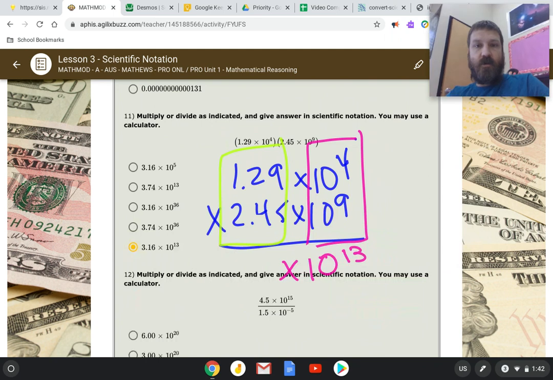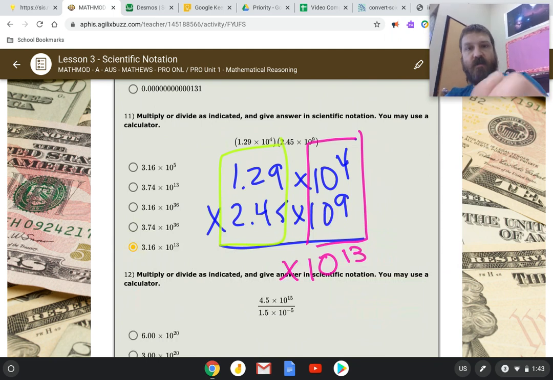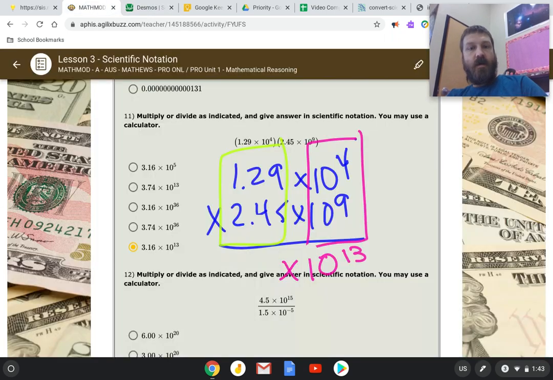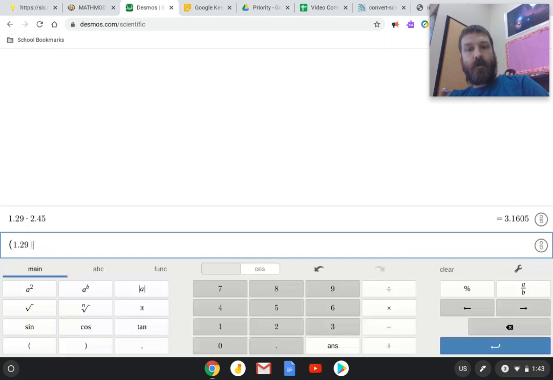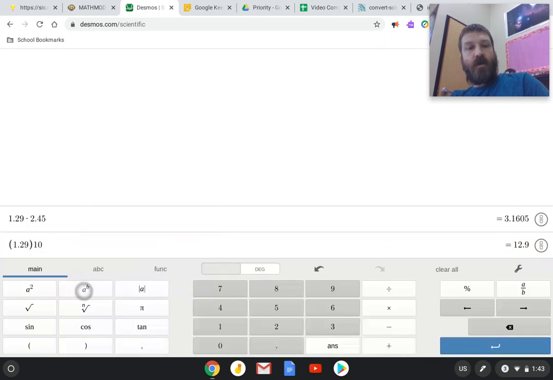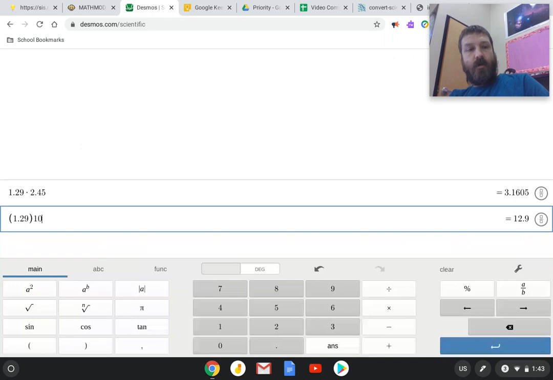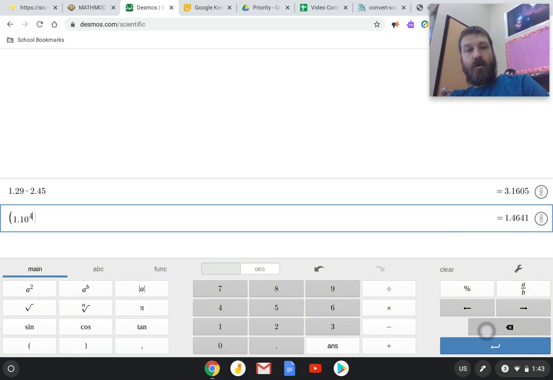The other way to do it, and I'll just show you, is we can just type this in directly. So I'm going to go in and do 1.29 times 10 to the 4th. And I use this button right here for my exponent. Oops, sorry about that. Let's go back up here. 10 to the 4th. I'm going to start back here.